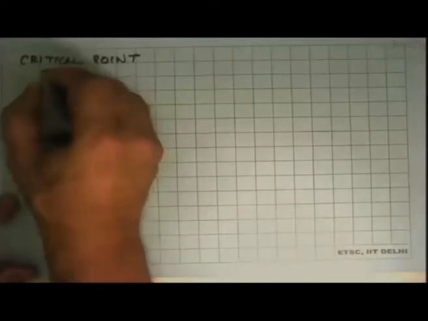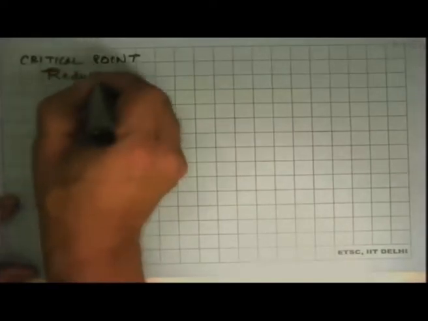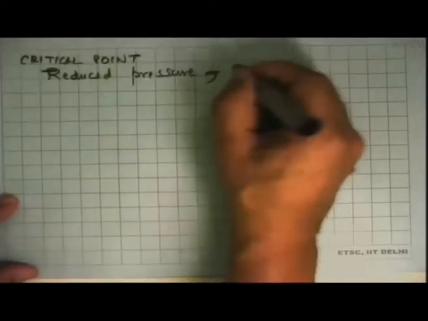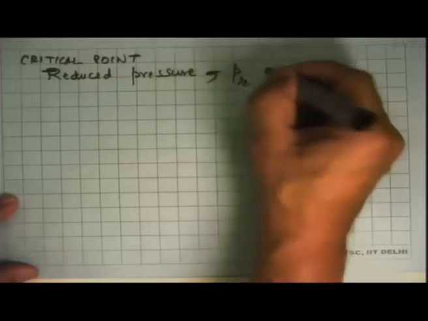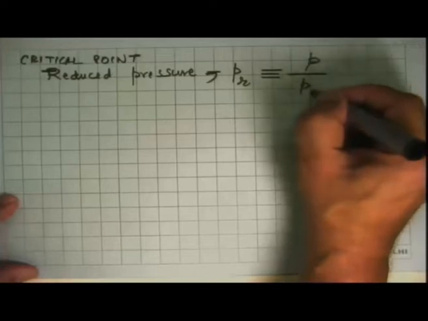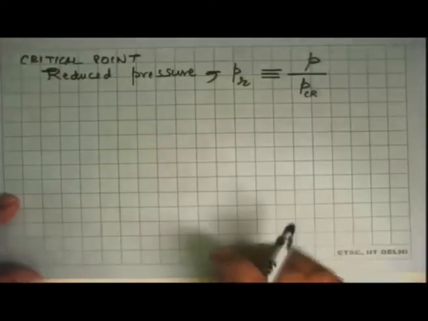So the first thing we do is, at the critical point, we define a new property which we call reduced pressure. We call this PR, defined as the actual pressure at that state divided by the critical pressure.